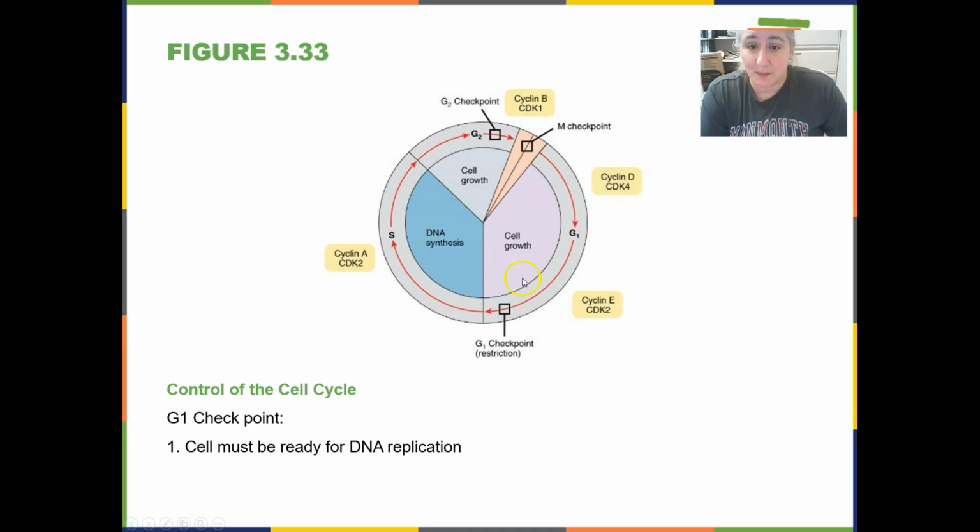So the first checkpoint right here, you're going to make sure that proteins for DNA synthesis have been produced. We're also going to make sure that the cell is getting large enough so that the mitosis can occur. Then we're going to go through DNA synthesis, and we're going to hit the G2 checkpoint.